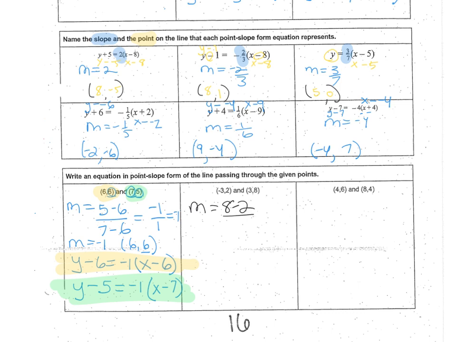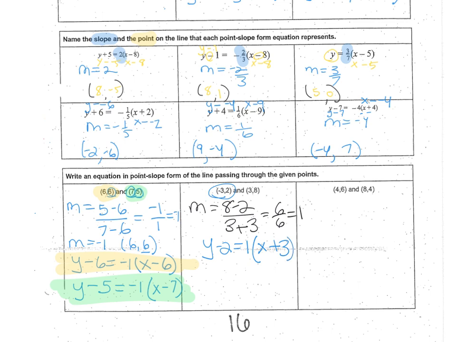Okay, so for the slope here, 8 minus 2 over 3 minus a negative 3, 6 over 6 gives me a slope of 1. If I choose to do the first point here, I would have y minus 2 equals 1 times x minus a negative 3.